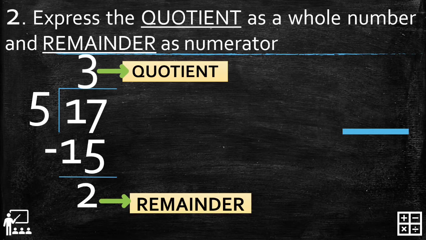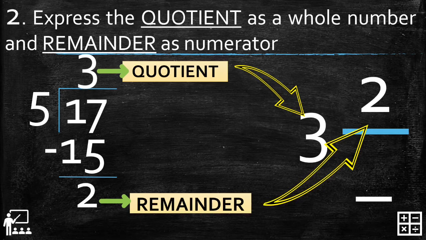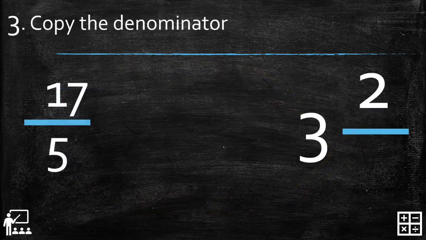The quotient as a whole number, we write in the middle part of the fraction, and the remainder as the numerator. And again, on step 2, we have not yet written the denominator.